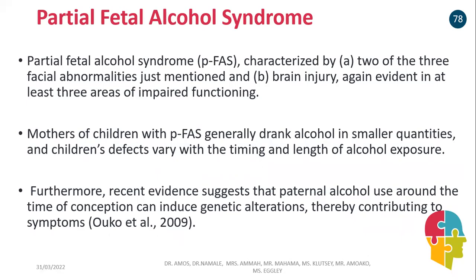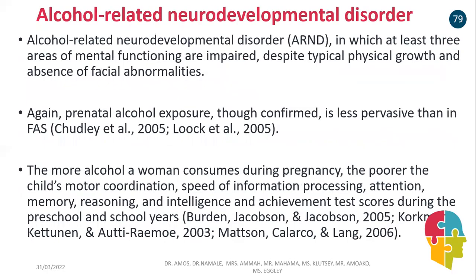Now, sometimes it's not only the mother's use of alcohol. Even if the father uses alcohol at the time of conception or at the time of intercourse, it can alter the sperm and can have effects on the child.